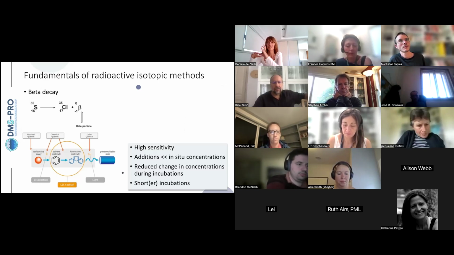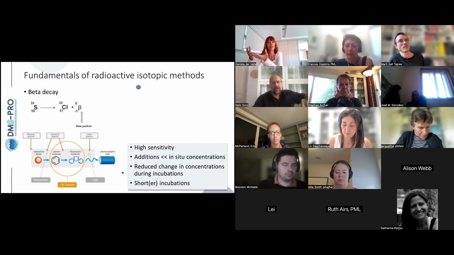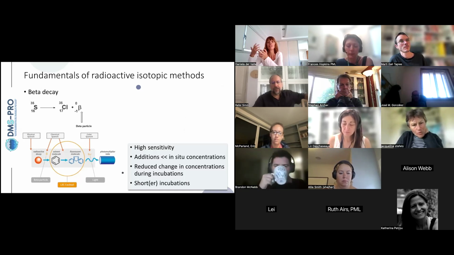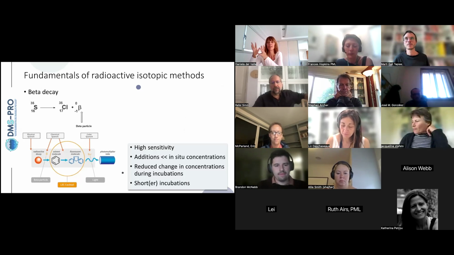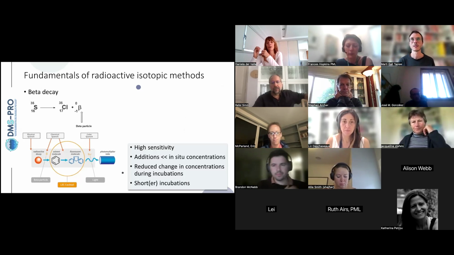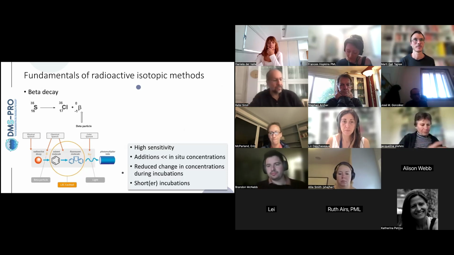This cocktail is just a mixture of organics that, when they react with this beta particle, emits fluorescence, and that fluorescence is very easy to detect. And because the natural abundance of radioactive atoms in the environment is extremely low, even a small increase in their concentration becomes very easily detectable. And this makes this approach highly sensitive for measuring reaction rates.